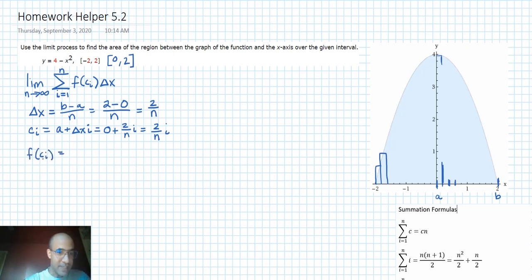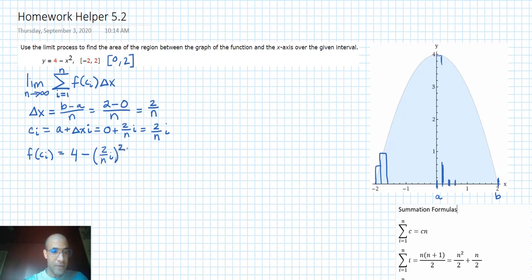So all this means, keep in mind, this is just function notation. What it means is plug our expression for c sub i, which was 2 over n times i, into the original function, right? So 4 minus x squared is our original function. So I'm just going to do 4 minus (2 over n times i) squared, right?